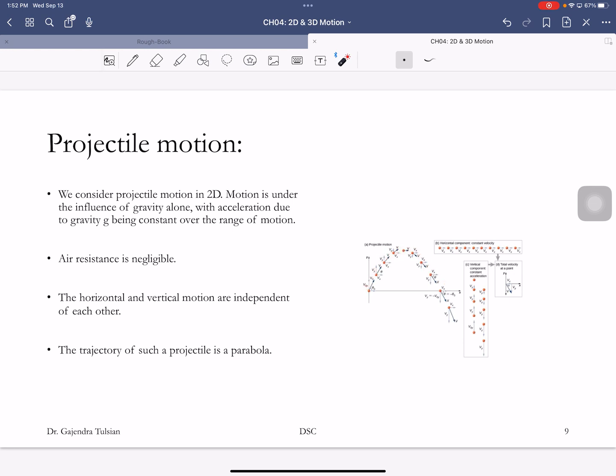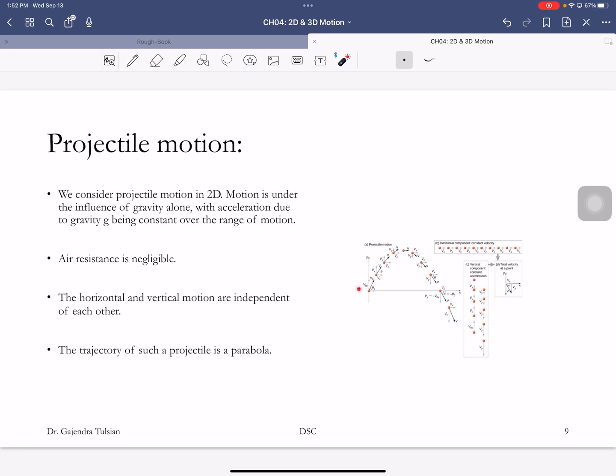Under what conditions is that a parabolic trajectory? You will learn the condition under which this is a parabolic trajectory is when the acceleration is constant in this region, okay, and air resistance is negligible. Gravity is the only force acting on it.